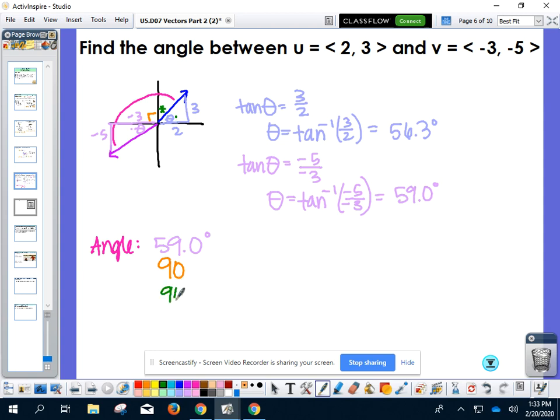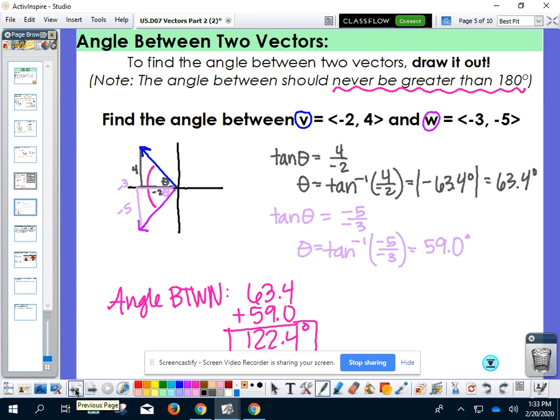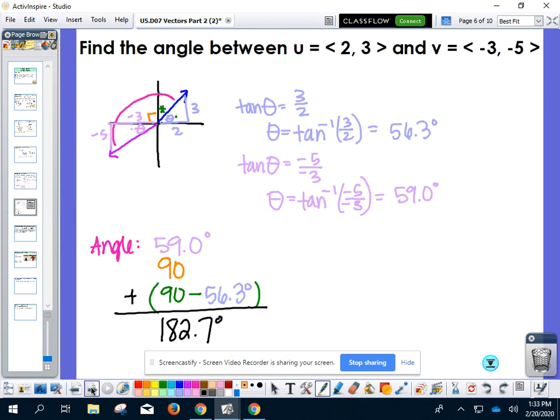So I'm going to take 90 minus 56.3 and add those all together. When I add those three values together, what I end up with is 182.7 degrees, which, with what we just talked about before, the angle between is never greater than 180 degrees.